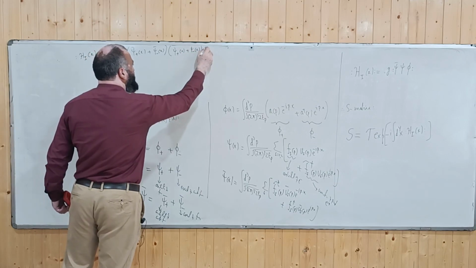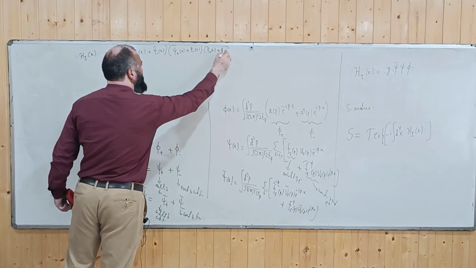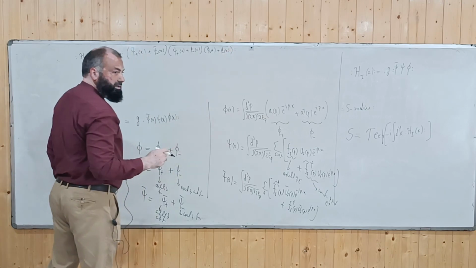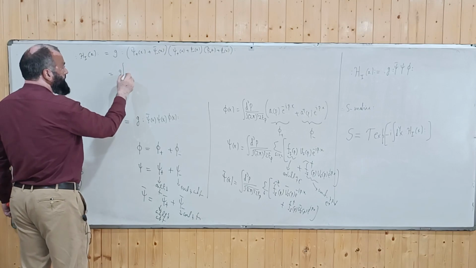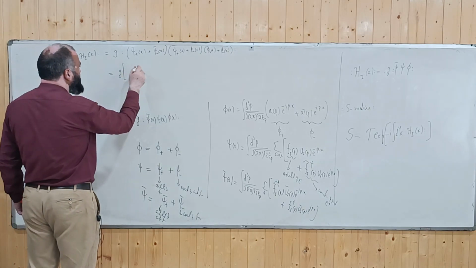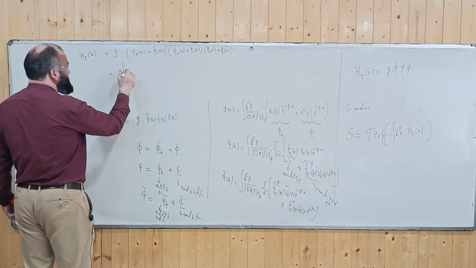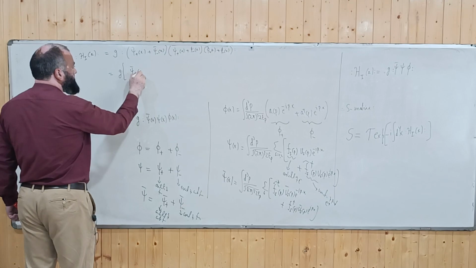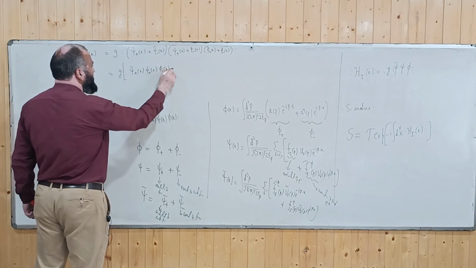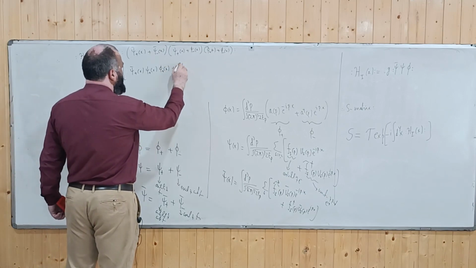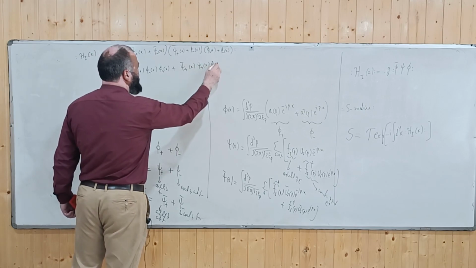Then phi plus of x plus phi minus of x. Let's multiply, with normal ordering here. So it is psi bar plus of x, psi plus of x, phi plus of x. Clear? Then what is the another term? Psi bar plus of x, psi plus of x, phi minus of x.